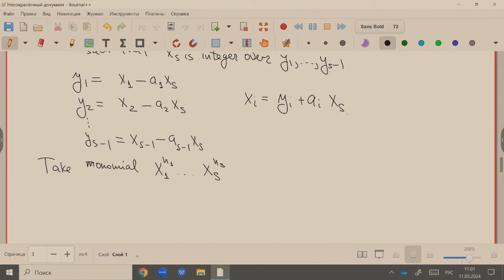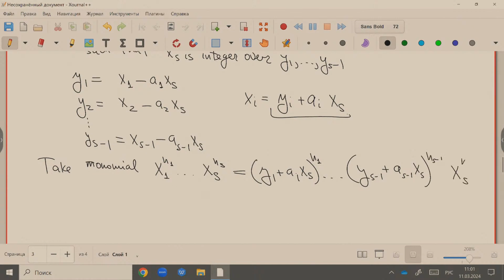So we just substitute this kind of thing. So this is just (y1 plus a1 xs) to the n1, etc., times (ys minus 1 plus a_{s-1} xs) to the n_{s-1}, and the last one is xs to the power ns. And if you open the brackets, you will see, of course, what?